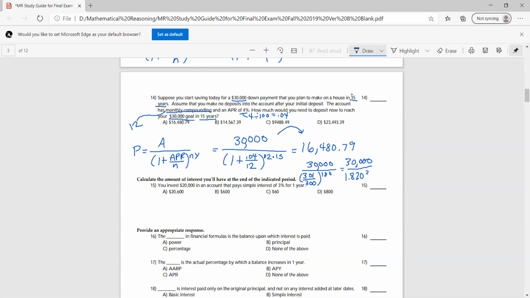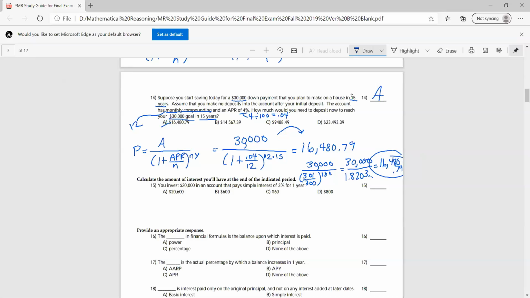And this keeps going. So I'm going to leave this answer on my screen, and I'm going to do 30,000 divided by the answer, because it'll pull this back up. And I got 16,480.79 if I round. So still going to get the right answer, but I'm going at it step by step and not trying to type it all in the calculator at the same time.